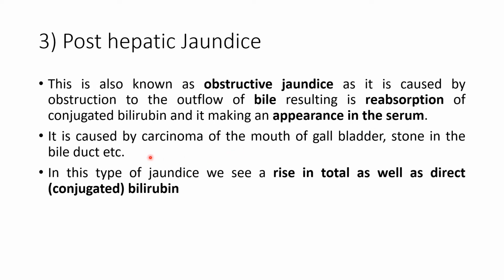This may be caused by carcinoma at the mouth of the gallbladder or any stone present in the bile duct obstructing the path of flow of bile. In this type of jaundice, we see a rise in the total bilirubin as well as the direct bilirubin levels. Both of them rise.